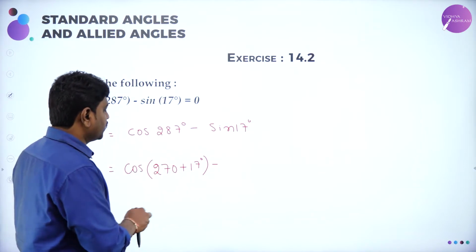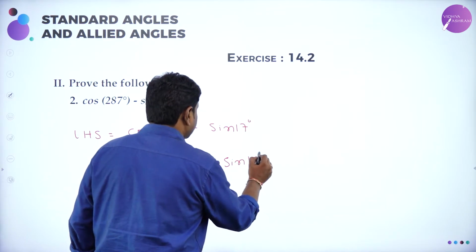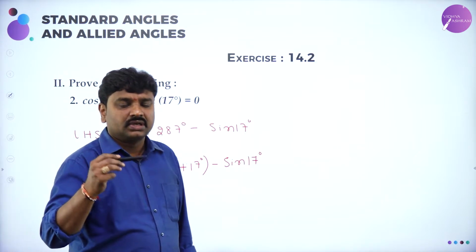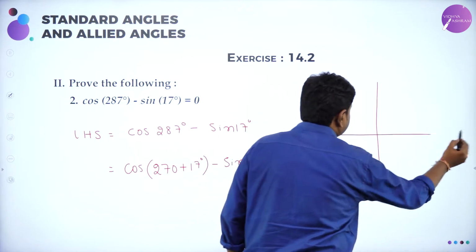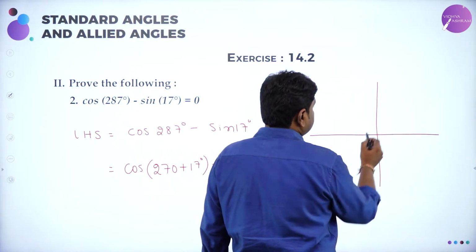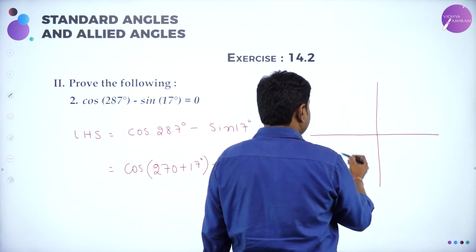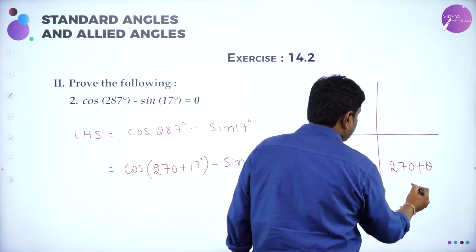Outside function is same. Minus sin 17 degree. Further, it is in the form of cos of 270 plus theta. See here, if you take the quadrant system, 270 plus theta. This is 90 minus, 90 plus, 180 minus, 180 plus, 270 minus, 270 plus. 270 plus theta lies in fourth quadrant.